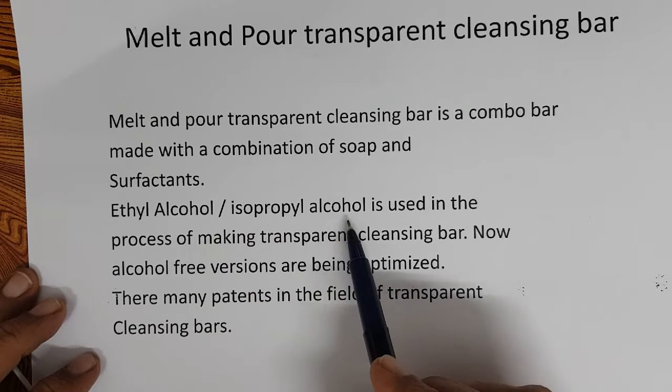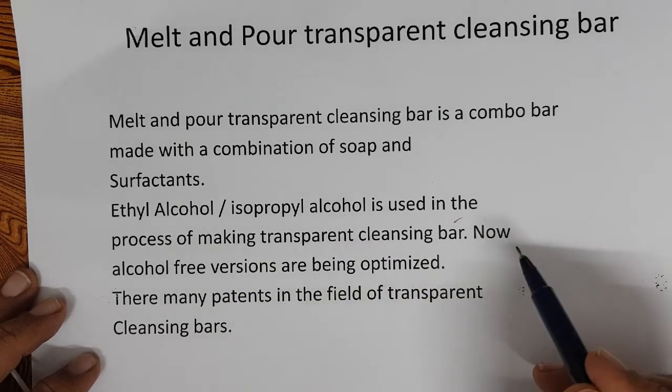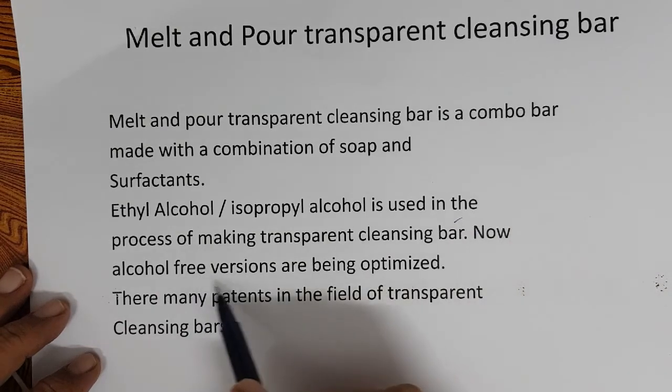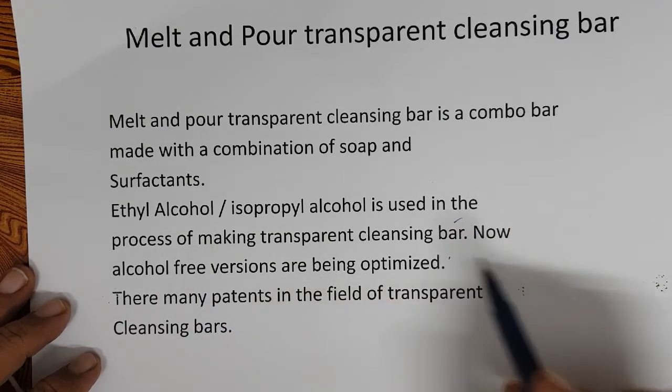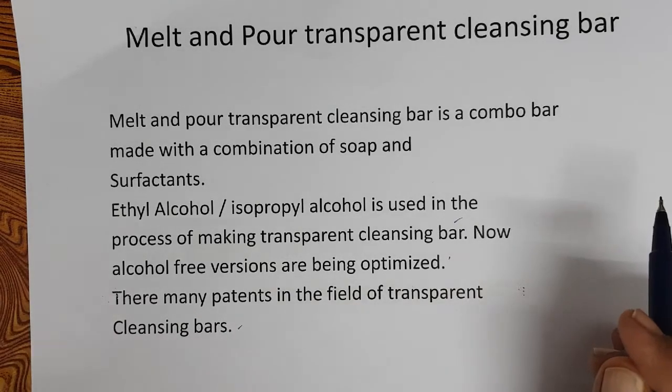Ethyl alcohol and isopropyl alcohol are used in the process of making transparent cleansing bar. Now alcohol-free versions are being optimized. There are many patents in the field of transparent cleansing bars.